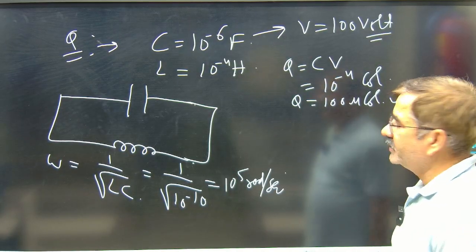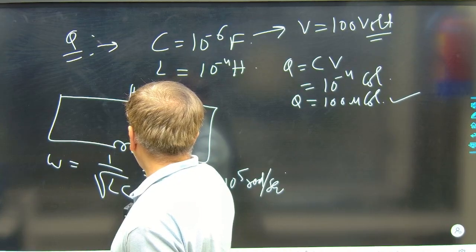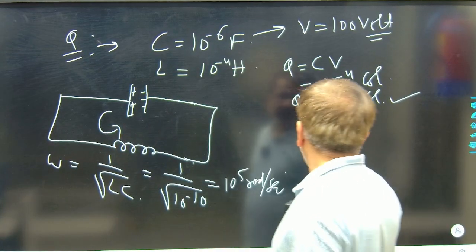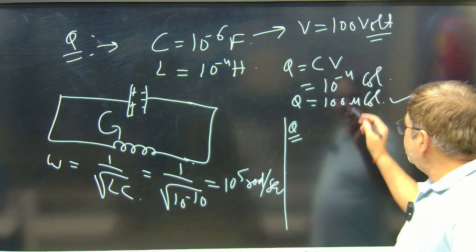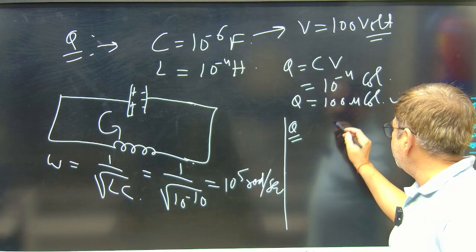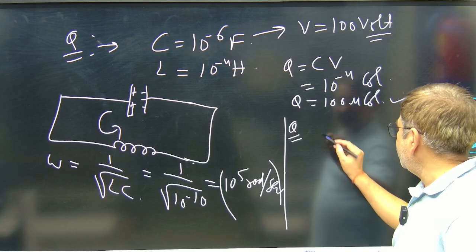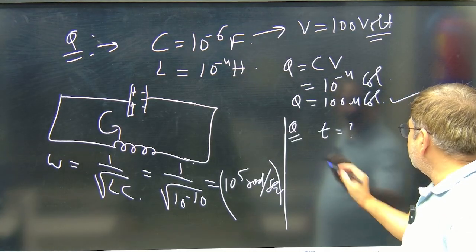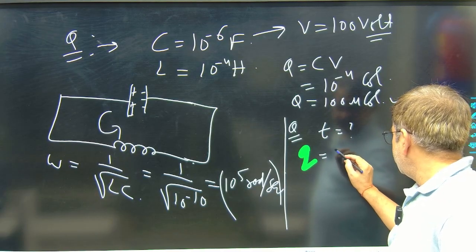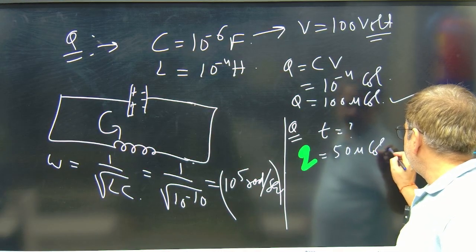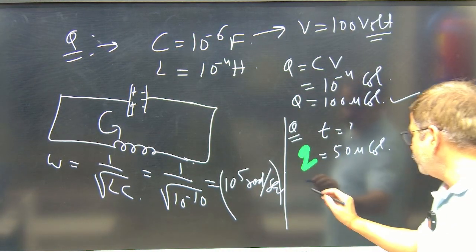If it is asked what is the time when the charge Q on the capacitor becomes 50 microcoulomb, how do we get this condition?